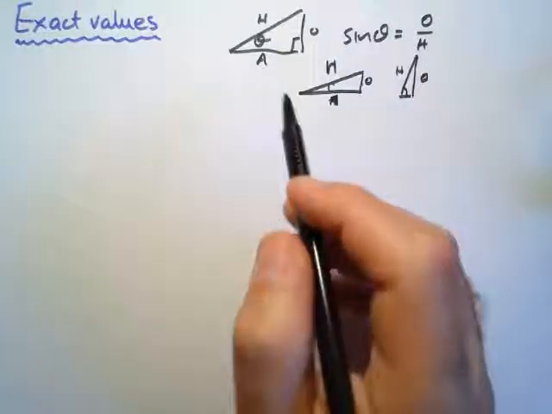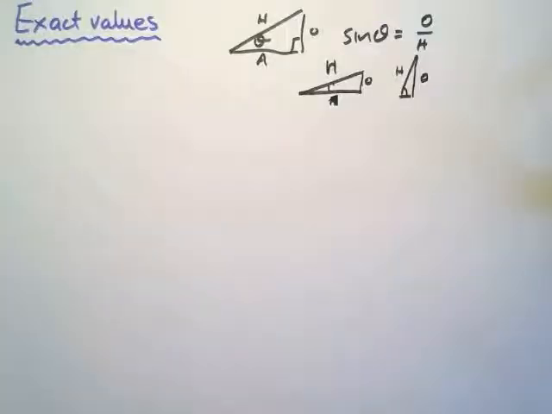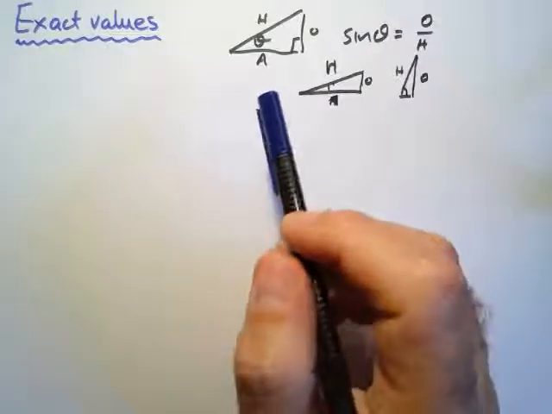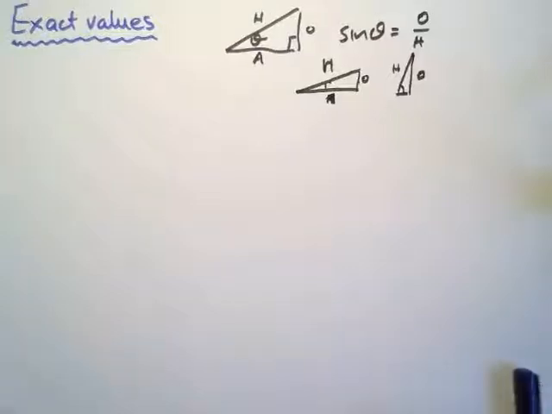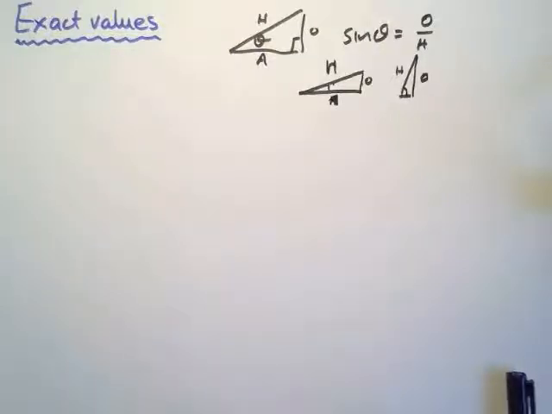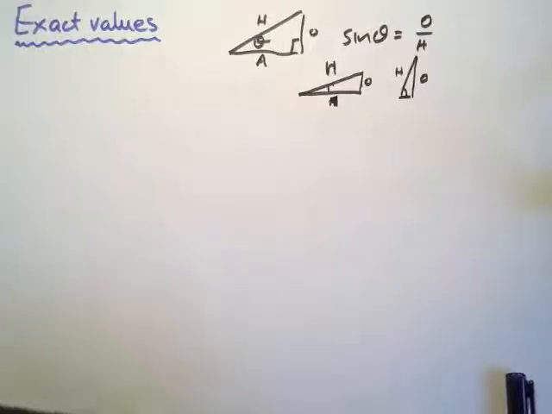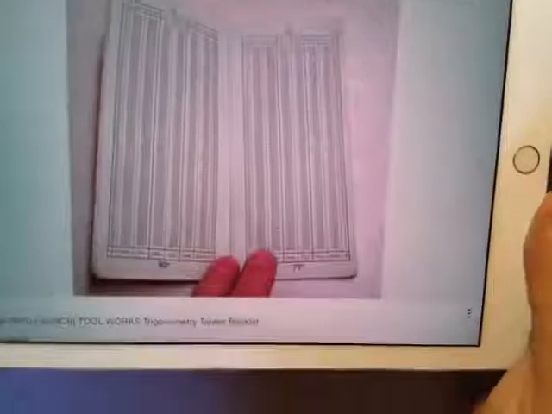Those ratios are not very easy numbers to work with. And before we had calculators, they actually had printouts. I'm talking about even up to the 60s and 70s, people didn't have calculators that can calculate the sine, cos, and tan of angles. They used books that looked like this, with all these values printed.